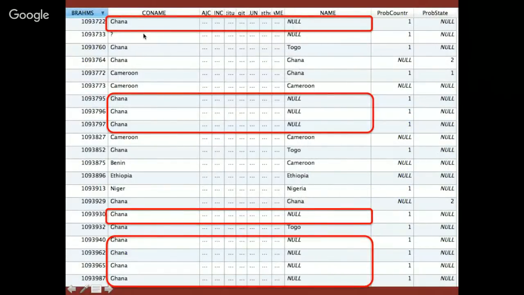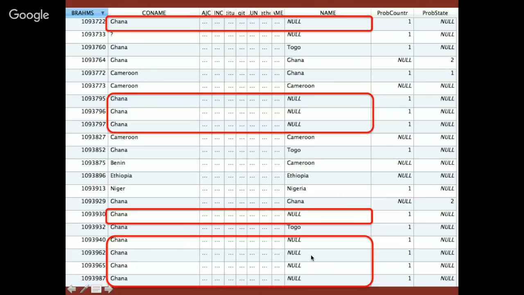Here's the country name in this column, the country name that's listed in the biodiversity data record. But then over here under name, we have the country name where those coordinates fall. And so you can see in these records, the record is specified as coming from Ghana, but the coordinates don't fall within Ghana, okay?